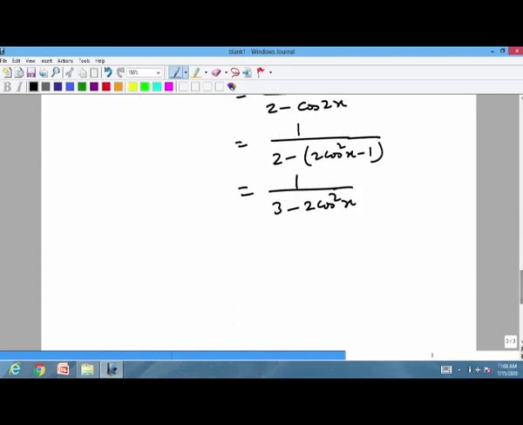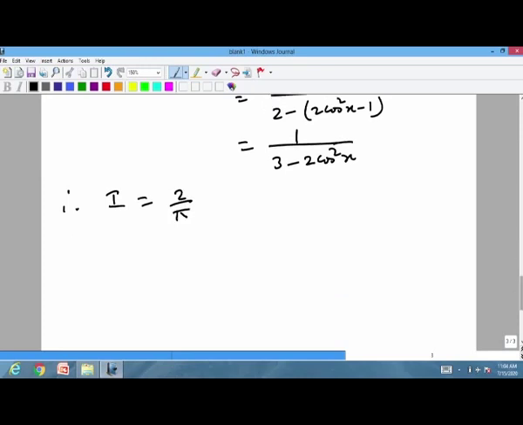So, what we have is the integral I is equal to, we had 2 by pi factor, that will be 0 to pi by 4 of 1 by 3 minus 2 cos square x dx.